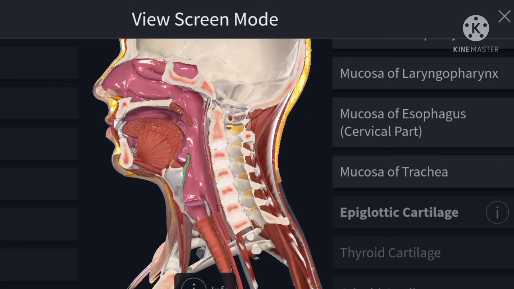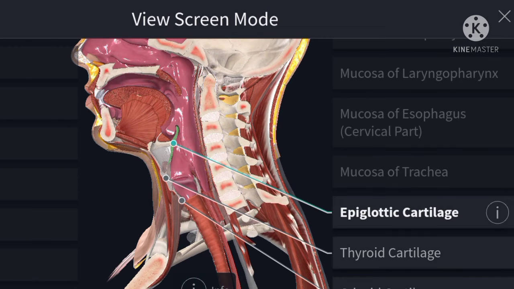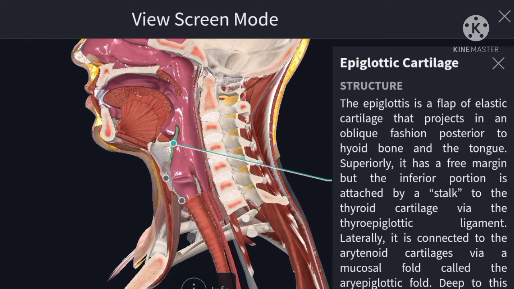Now we will see the epiglottic cartilage. As you can see here, this is the epiglottic cartilage. The epiglottis is a flap of elastic cartilage that projects obliquely, posterior to the hyoid bone and the tongue.